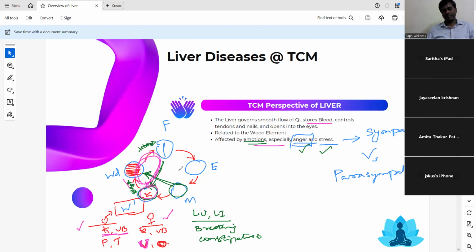So we need to check. And in some cases, there is a possibility that the spleen or the earth element also will insult the wood element. In such cases, you will see the symptoms related to spleen and stomach.